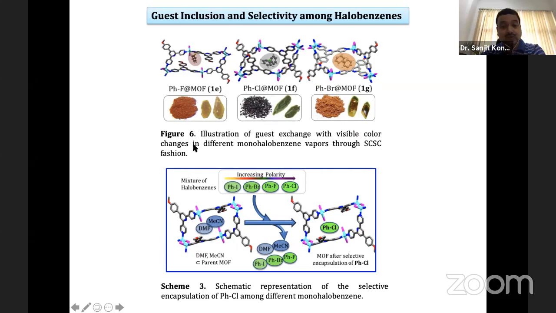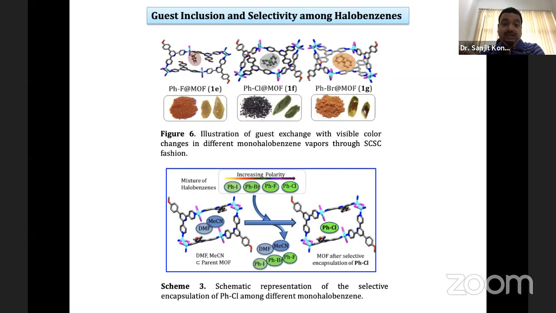Now again, if you put them together in a mixture, how is it possible to separate them out? Our material will separate them out. The first molecule to come inside is the highest polarity molecule, in this case chlorobenzene. All the others will be left outside our material.